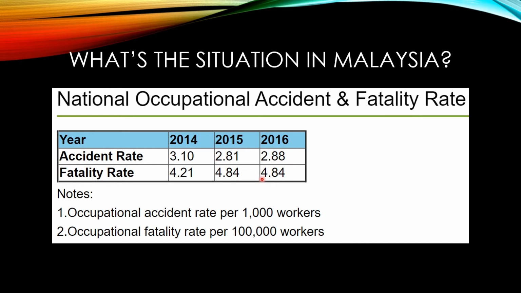So that is why we need to do our best to reduce the number of the fatality and accident rates. One thing that I'd like to add though is that in a lot of these rates, we have to examine how they come up with the figure.